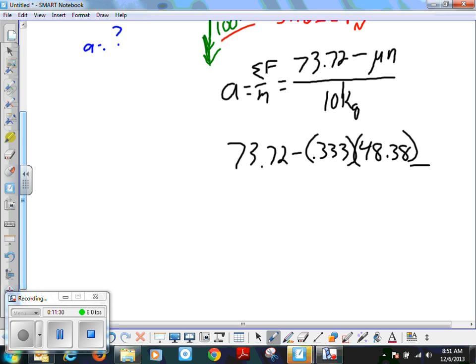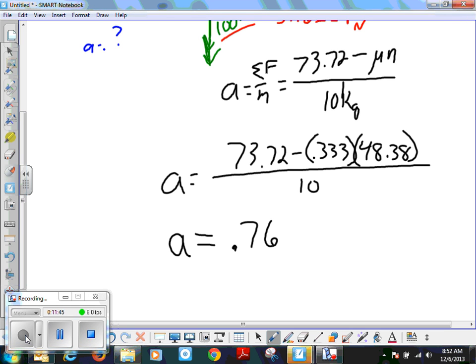It's our normal because we had that tug up to help alleviate that weight. All divided by 10, and we get our acceleration then at 5.76 meters per second squared.